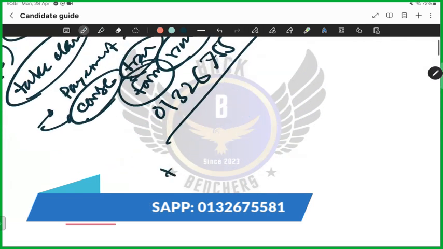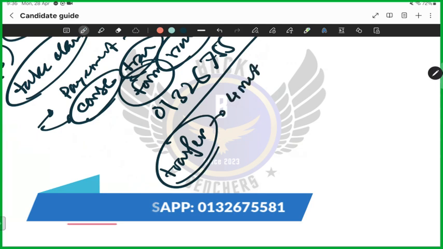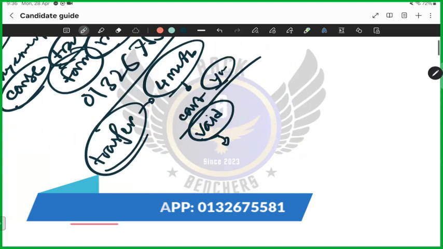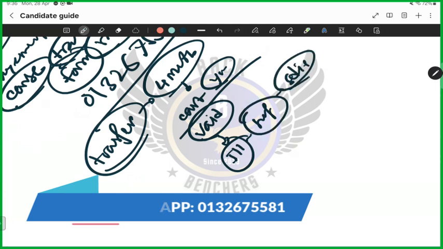Okay, let's talk about transfer from our course. You are enrolled in the 4 months course, and due to some reason you cannot give the exam, or you have to withdraw. If that's a valid reason, valid means, like, you got ill, or you had a fracture, or someone died, you can request us and we can transfer your fee.